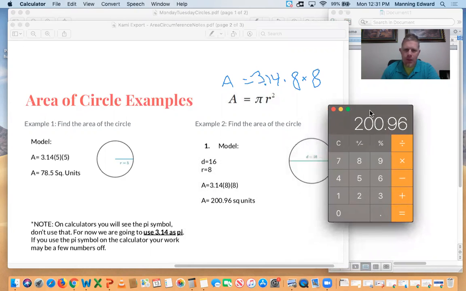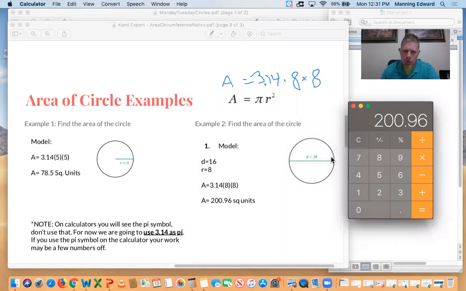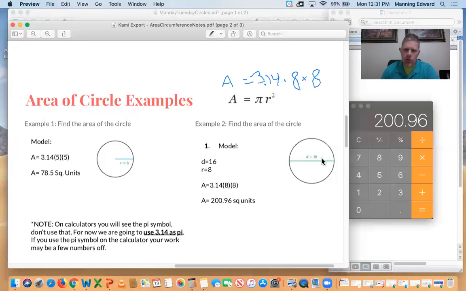Now, usually they'd have on this one, it doesn't have it, but you'd have like, okay, 16 inches or 16 meters or 16 miles. Whatever you have, you'd have square miles or square meters. When it does not have anything next to it, then you just call it units. We still want to call it something with square units.